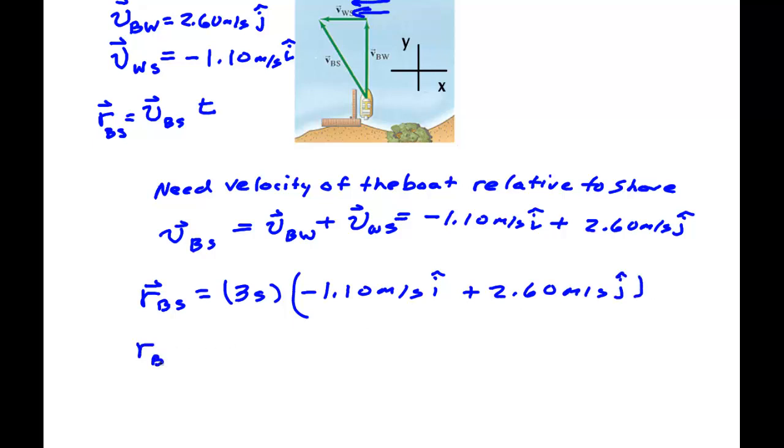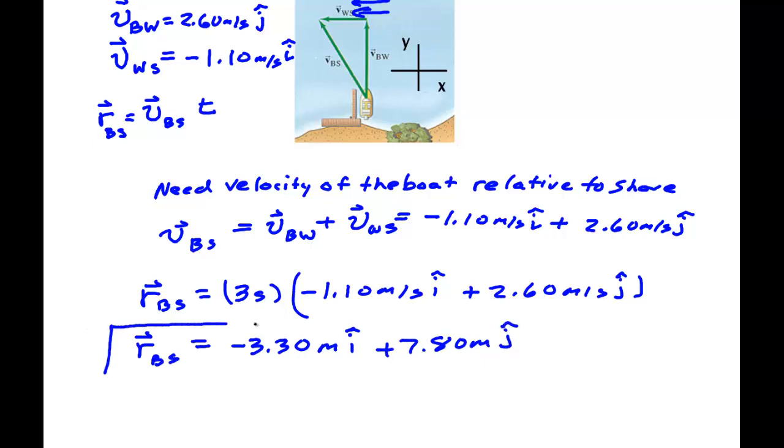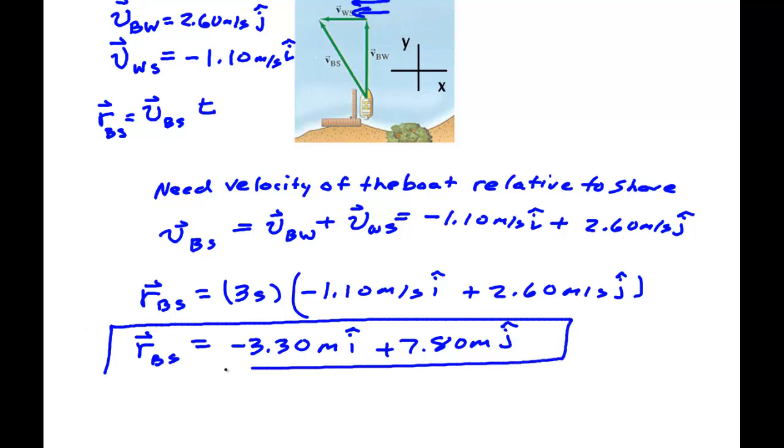So the position vector as seen by the shore will be minus 3.30 meters I-hat, and 3 times 2.60 will give me 7.80 meters j-hat. Again, they don't ask you how far away the boat is. If they ask you how far, then they'd be asking you to find the hypotenuse of this. And you draw the triangle and use the Pythagorean theorem. But they didn't ask that question in this particular problem.